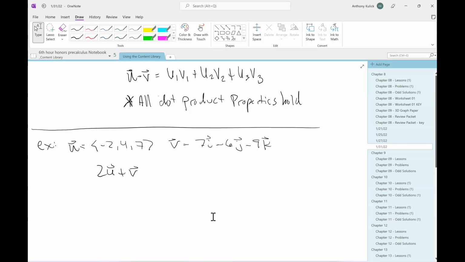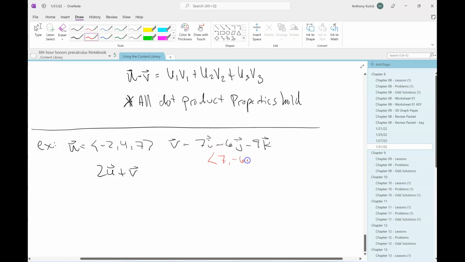Well, first thing I would do is convert vector v from linear combination form into component form, just like I would have done in 2 dimensions. The x component is the coefficient on the i, the y component is the coefficient on the j, and the z component is the coefficient on the k. Cool?